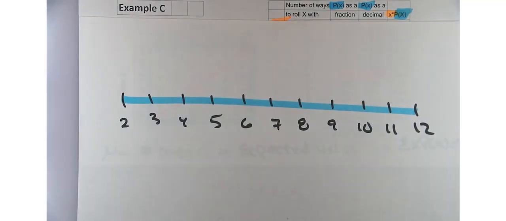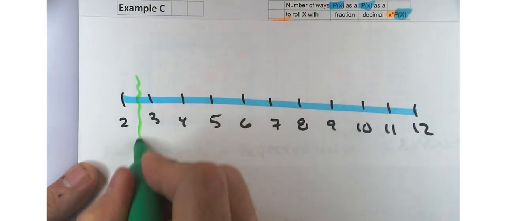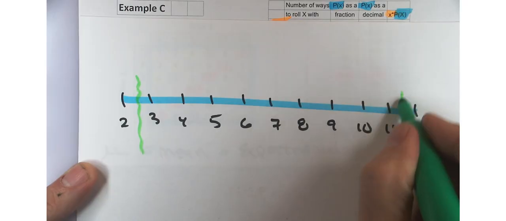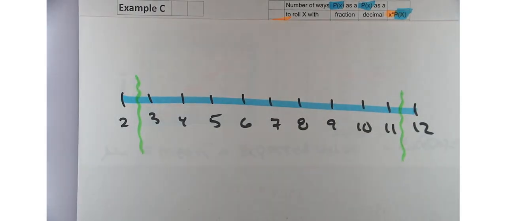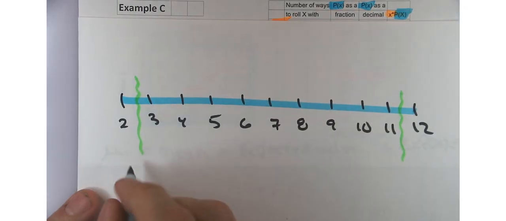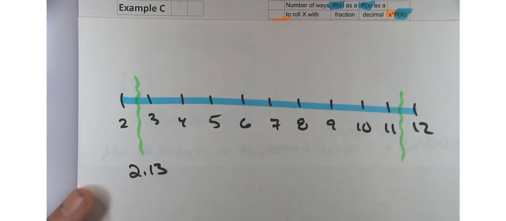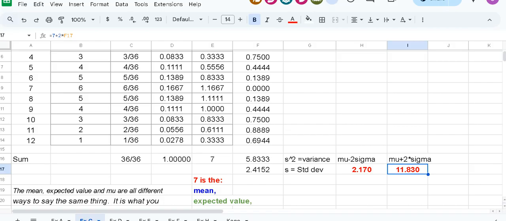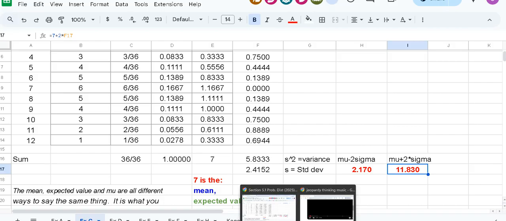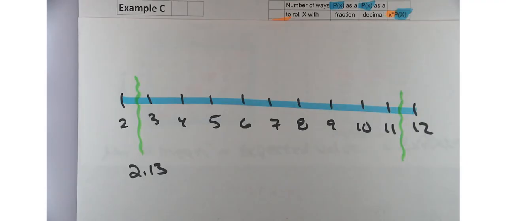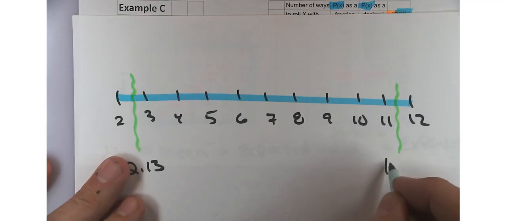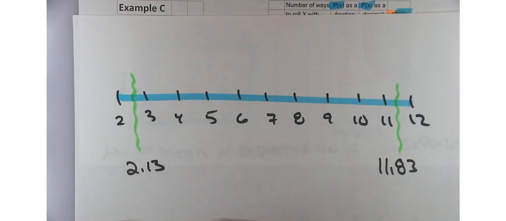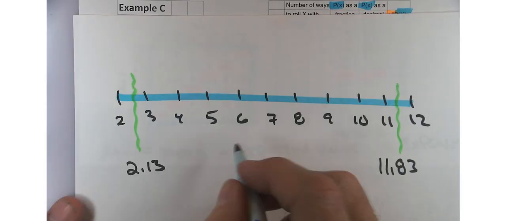Now, my dividing lines were 2.17 and 11.83. So these are your typical values, or not significant.